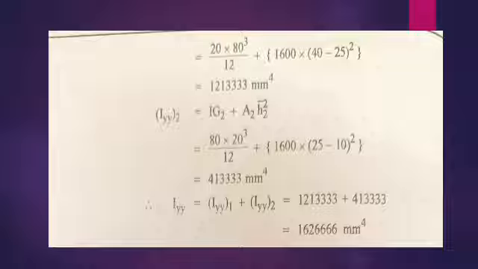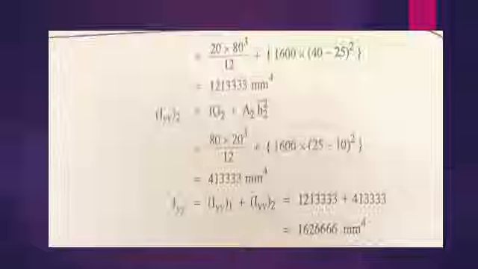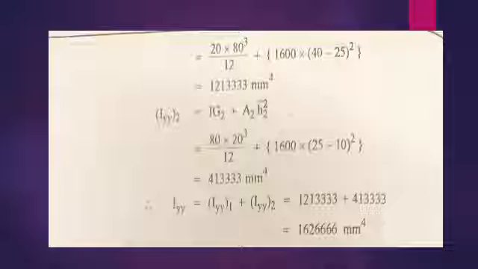The h2 bar value is x bar minus x2. Substitute the values and get the answer for Iy2. Then the total Iyy value for the angle section is obtained by adding Iyy for component 1 and Iyy for component 2.